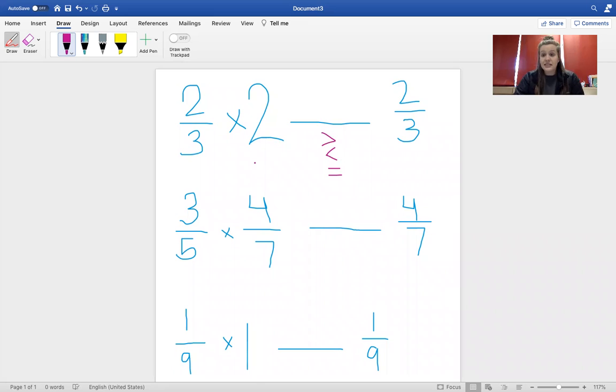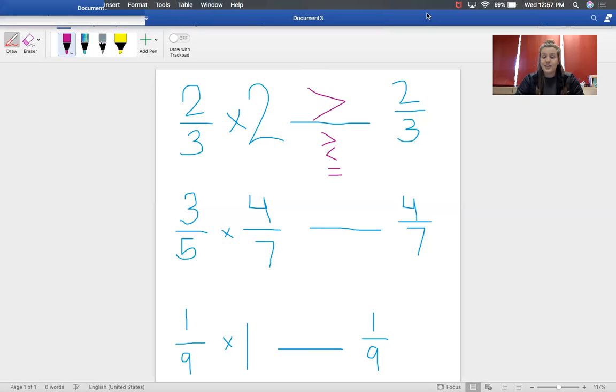So let's think about this. If we have 2 and we are multiplying it by 2/3, so we want 2/3 of 2, is that going to be greater than, less than, or equal to 2/3? It's going to be greater than, right? 2/3 times 2 will be greater than 2/3.